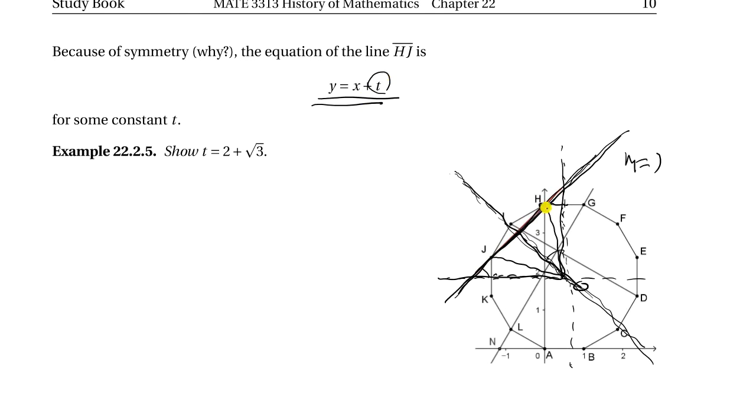At this moment, the point H, one of the vertices of this 12-gon, is actually the y-intercept of this line. So all you need is the y coordinate of this H. From the previous one, we know the y coordinate of H is 2 plus square root 3, right?